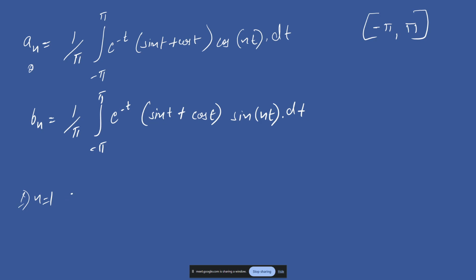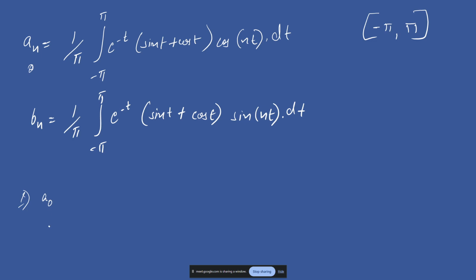So the answer which is there with me, okay, so I'm having the a naught terms, so you can do it with hand calculation, or either you can try with some numerical tools.